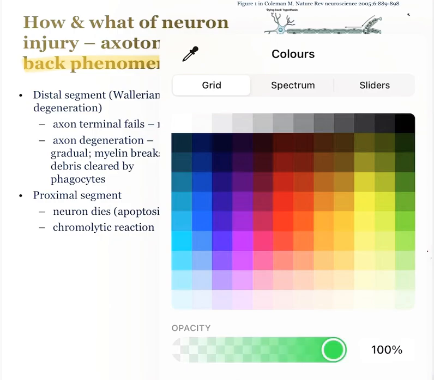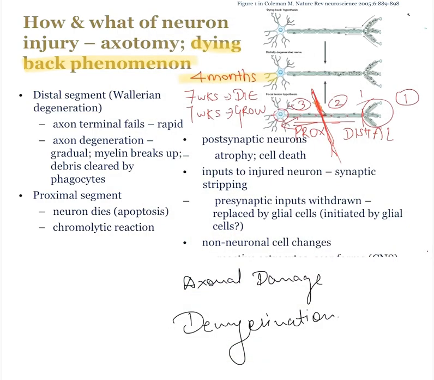In case of demyelination, the prognosis is going to be better as opposed to axonal damage. So basically, the entire framework of the prognosis is about 4 months. But again, depending on the type of injury, the prognosis may differ.